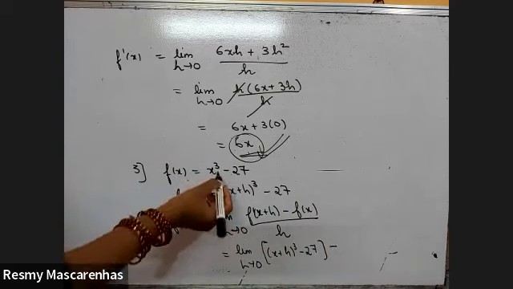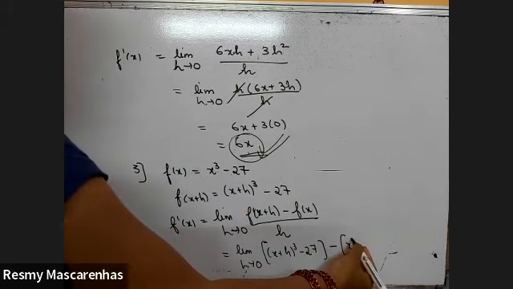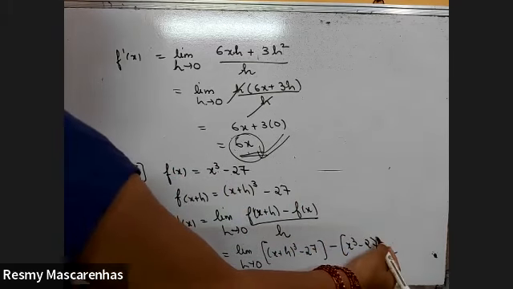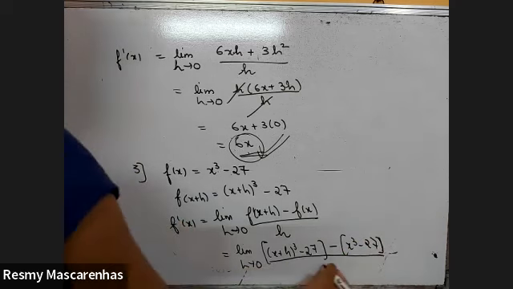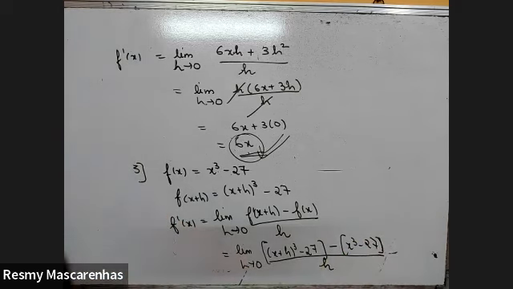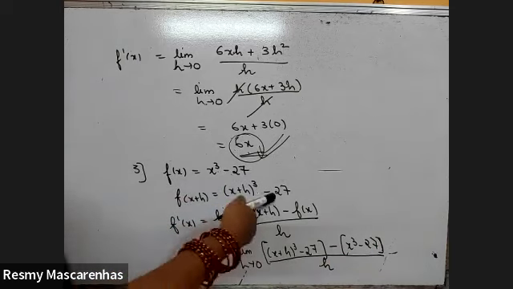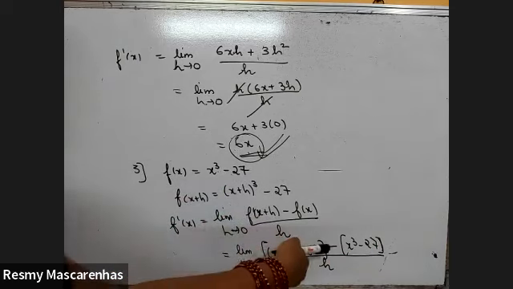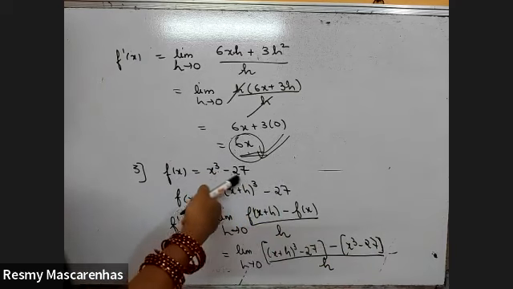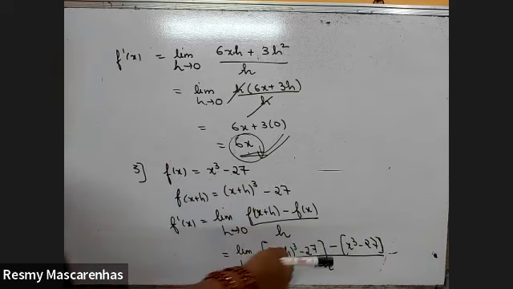What is f of x? This answer. Put a bracket and substitute. This is the f of x plus h value, this part which I've substituted here, minus what is f of x given in the question, which is this. Use a bracket.